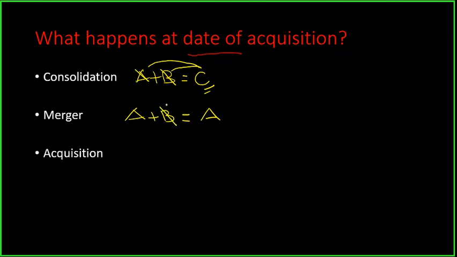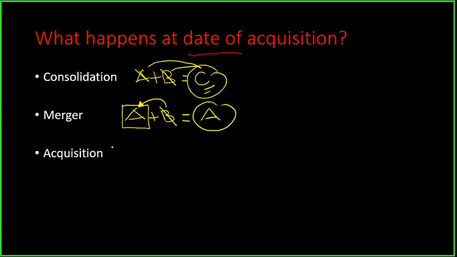All the assets and liabilities, at fair market value, will all be transferred in the books of A. So at the date of acquisition, if you're going to prepare financial statements, the financial statements of A will be the final financial statements. So you don't have to go through the process of consolidation. No need, there are no elimination entries, because it's only one existing entity.